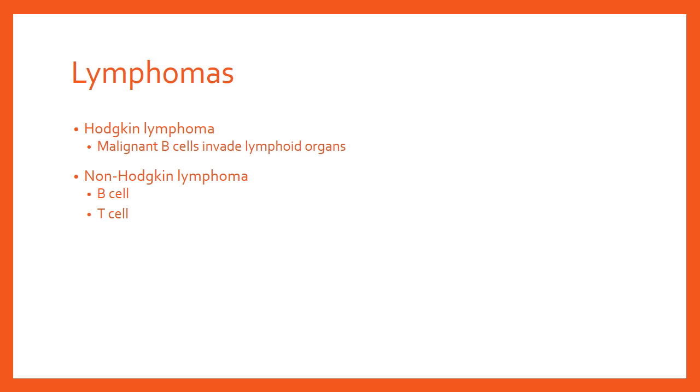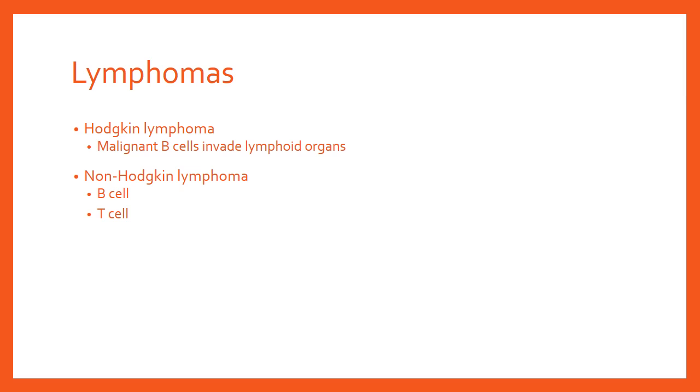So what happens in Hodgkin's lymphoma? One of the important features or signs of the disease is that there will be Reed-Sternberg cells present. Hodgkin's lymphoma usually comes from a single lymph node, and often it's a localized disease.